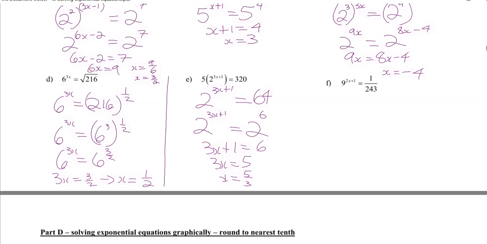What's the base? 3. So when you see 9s, think of 3 as a base, right? Or 27s, or 81s, or 243. And 243 is what power of 3?